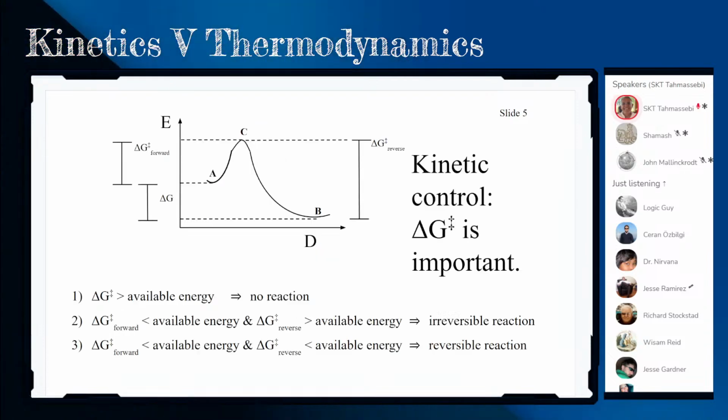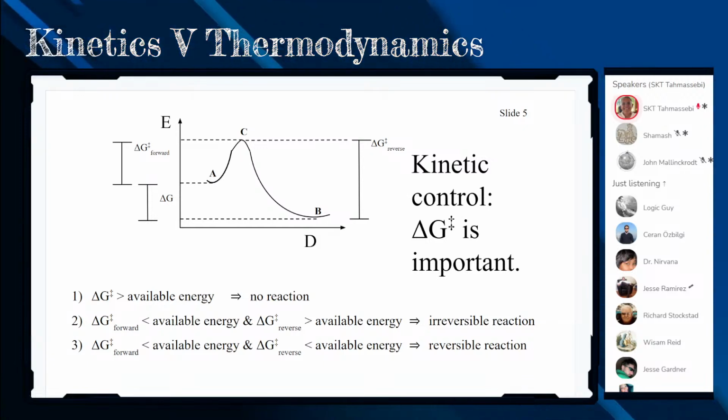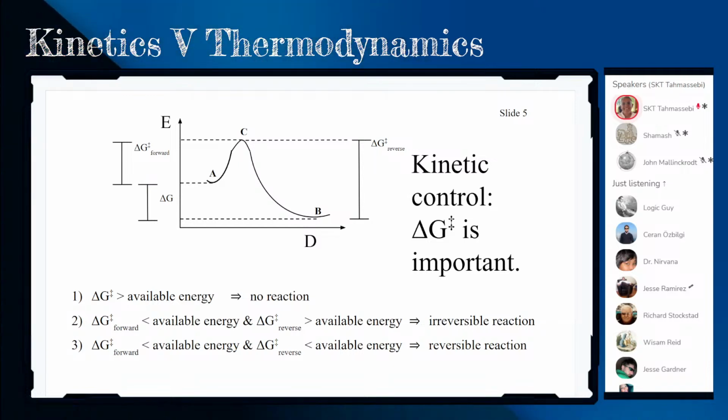So let's go to slide 5, and here we see a reaction that's under kinetic control. That is, here delta G double dagger is what's important. If C is not energetically accessible, then the reaction doesn't take place. It doesn't matter what delta G is.